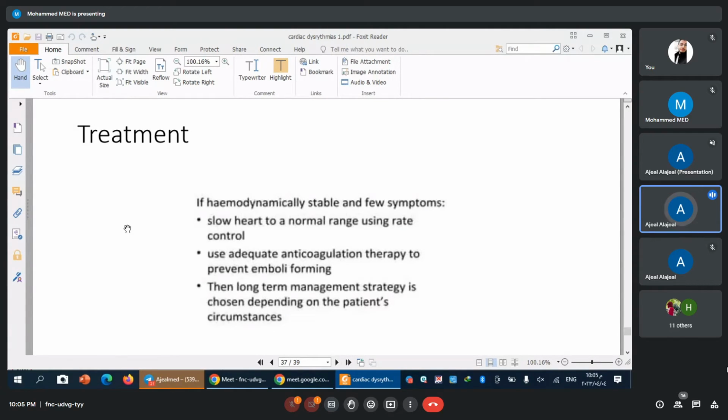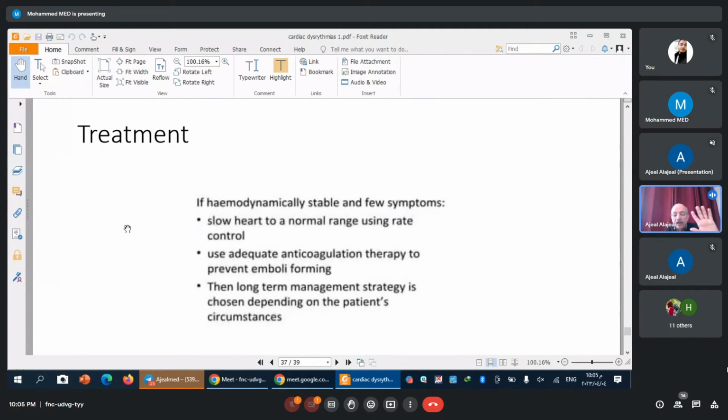Our goal is to keep the INR between 2 and 3. Suppose that I find that the INR is 5, this is high. What I will usually do, I will stop the warfarin probably for 2 days, because each day will reduce the INR by 20%. Why 20%?